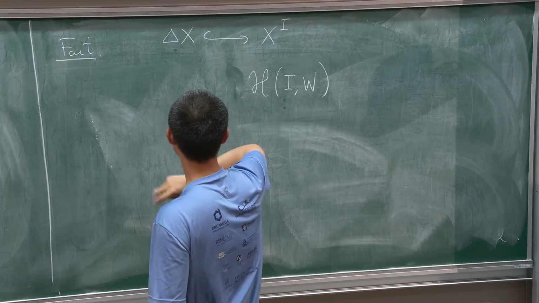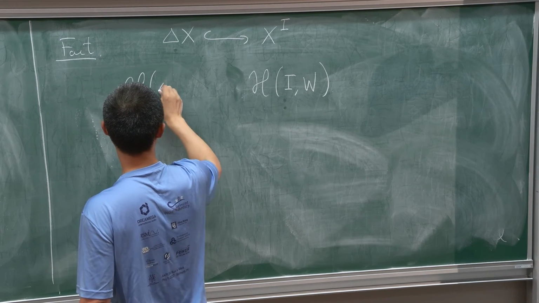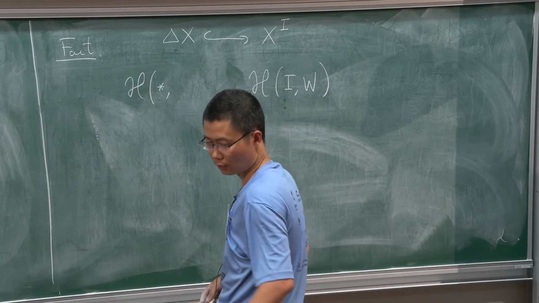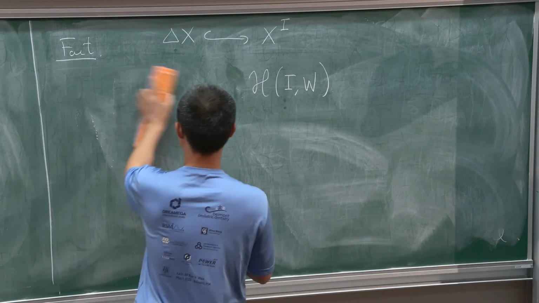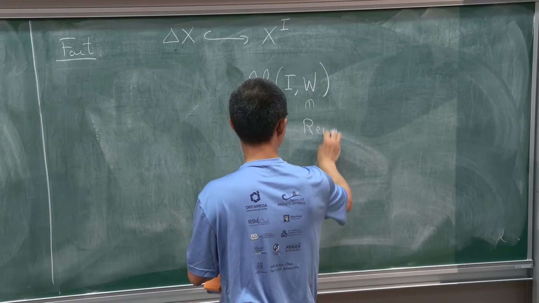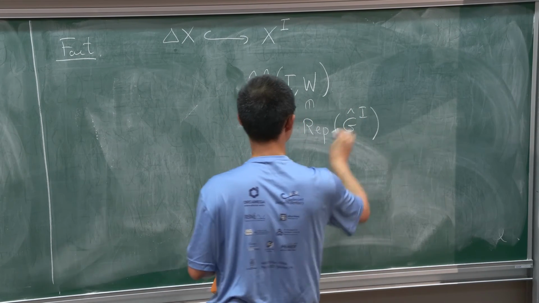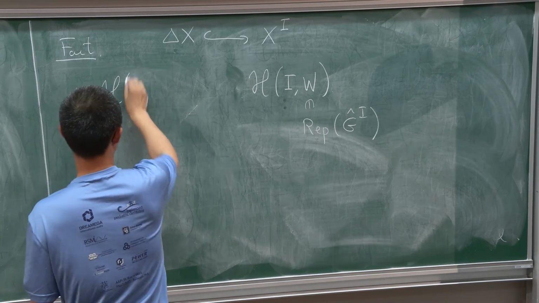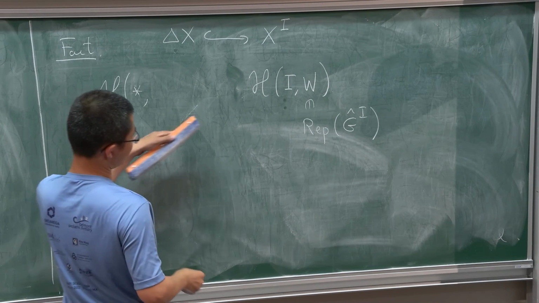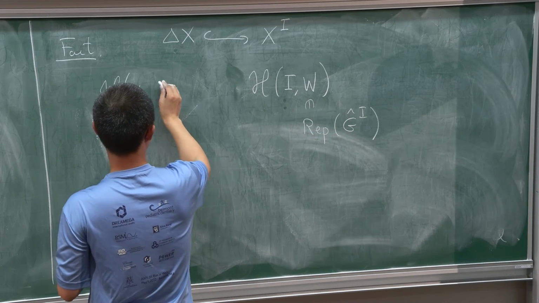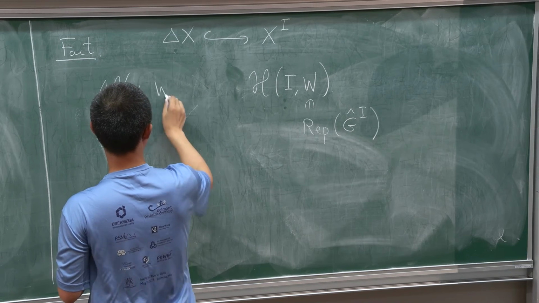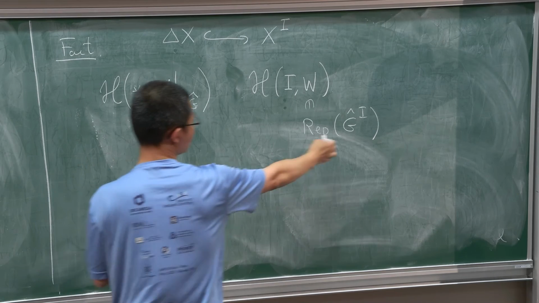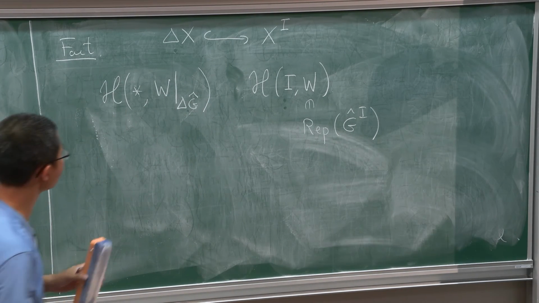Here I consider only one leg. So on the level of representations, the index set here is a representation of I copies of G hat. In the one-leg version, I only have one representation of G hat. Here I take the restriction to the diagonal. G hat also diagonally embeds into G hat I.